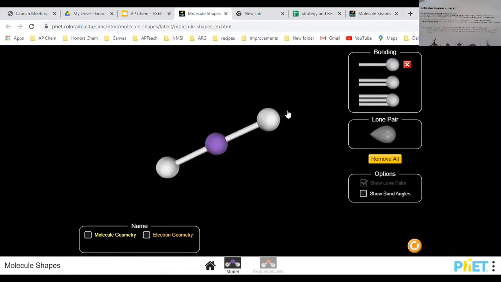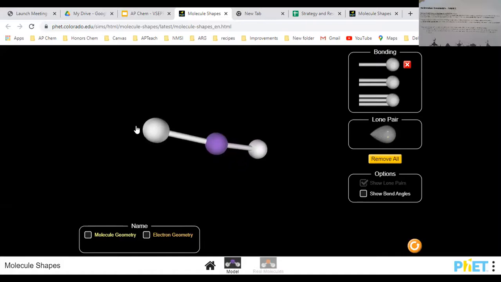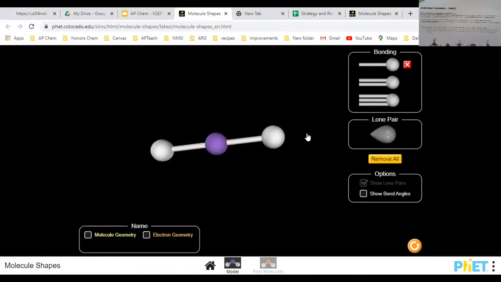Even if we try to bring it over, it'll repel away. This gives us what we call a linear geometry. And the linear geometry has 180 degrees between this element, the middle element, and the other element that is participating.